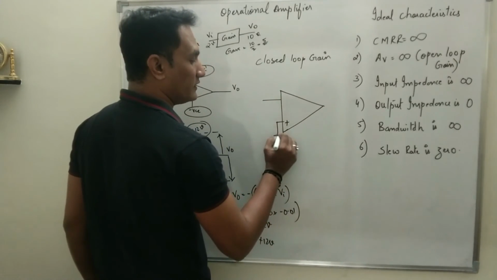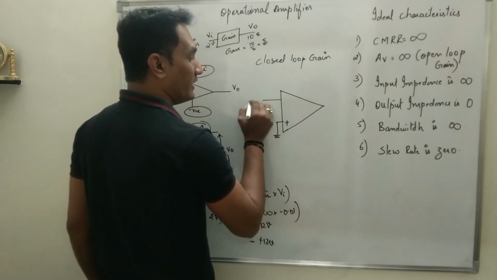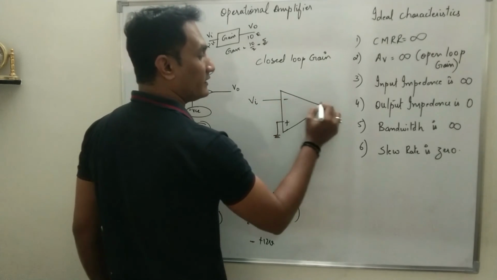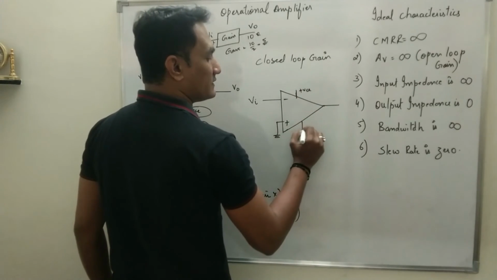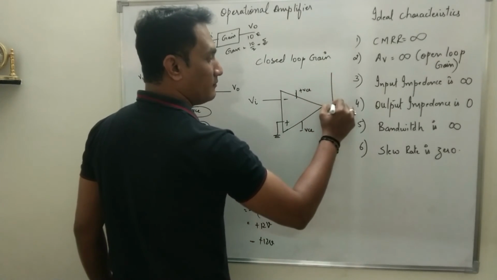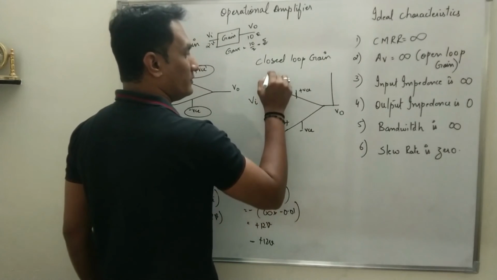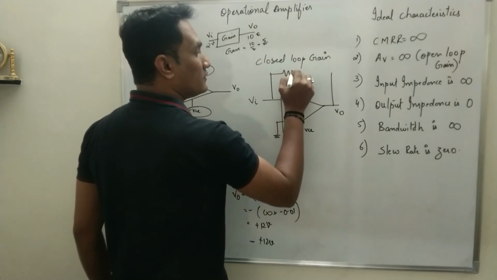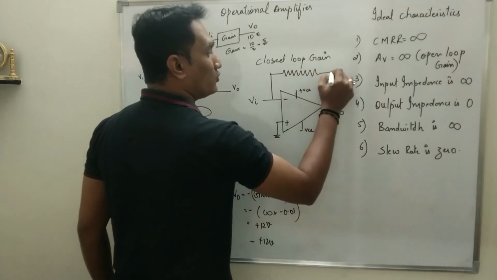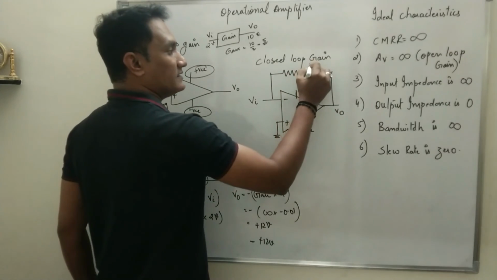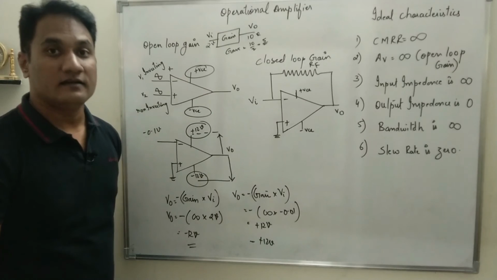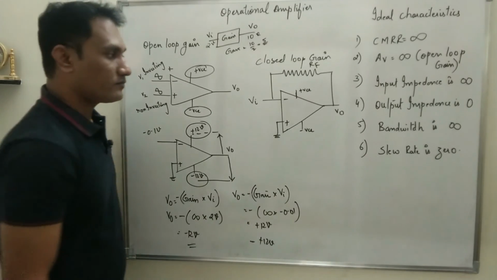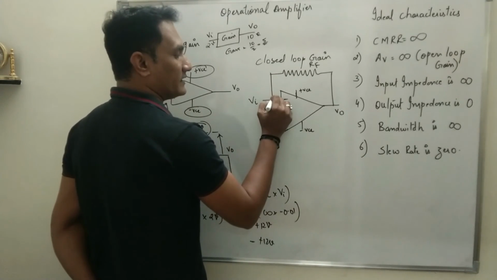Inverting mode means non-inverting terminal should be grounded, input should be applied to the inverting terminal. This is output, this is plus VCC, this is minus VCC, and some part of the output should be connected back to the input through a resistance. We call it RF, which is feedback resistance.